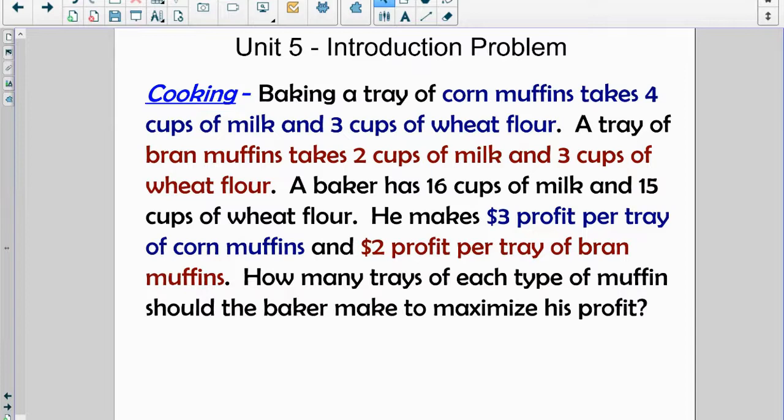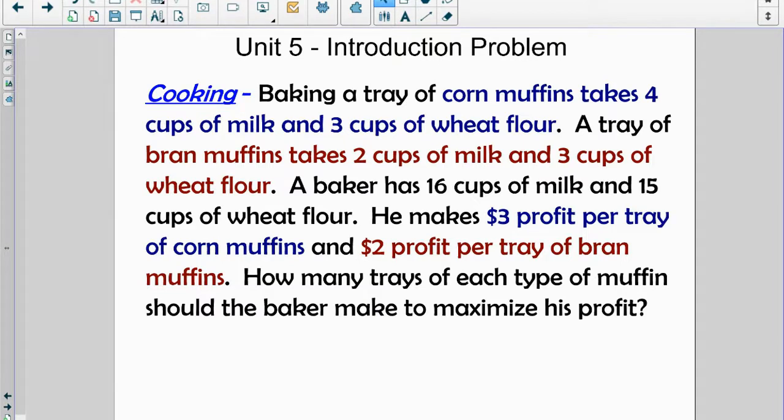All right, Unit 5 is the beginning of our unit on linear programming. And here's the type of problem that we'll be able to solve by the end of this unit in a couple of weeks. So this is about cooking. Baking a tray of corn muffins takes 4 cups of milk and 3 cups of wheat flour.